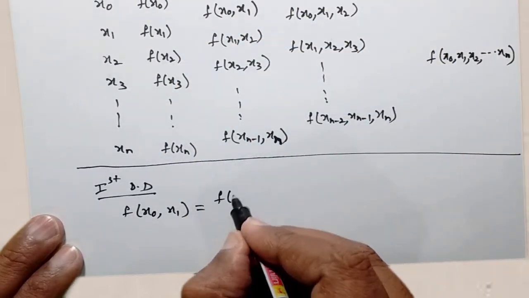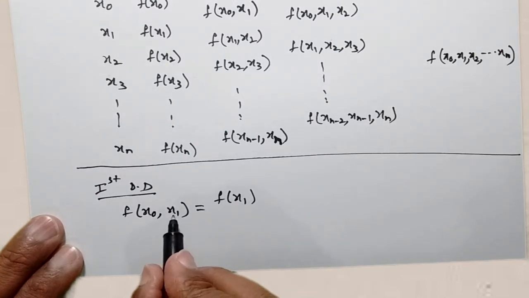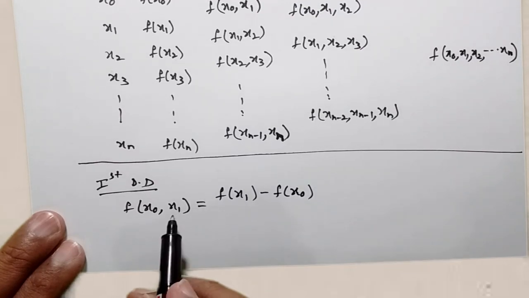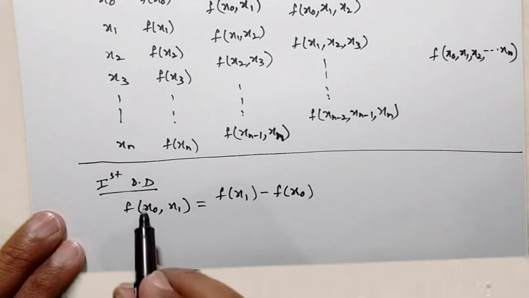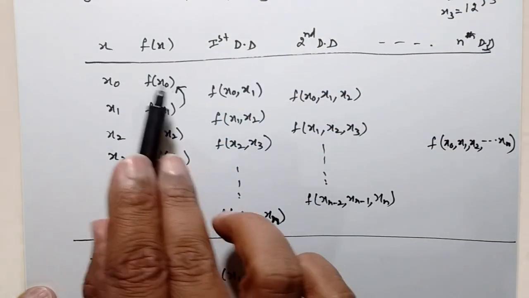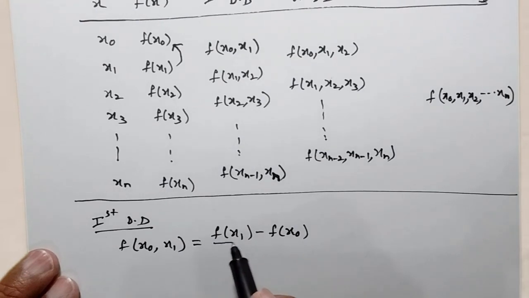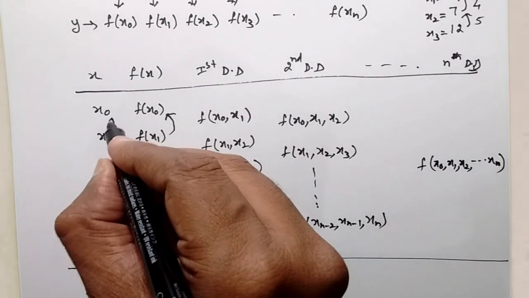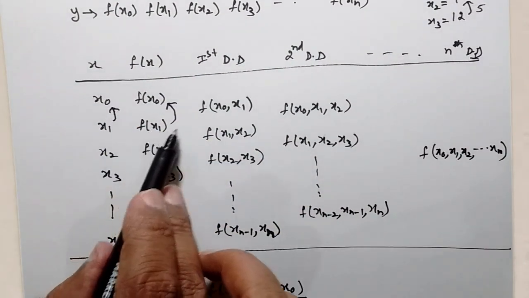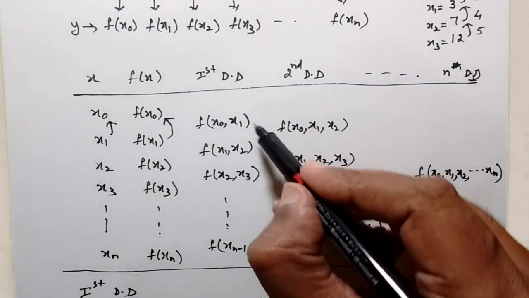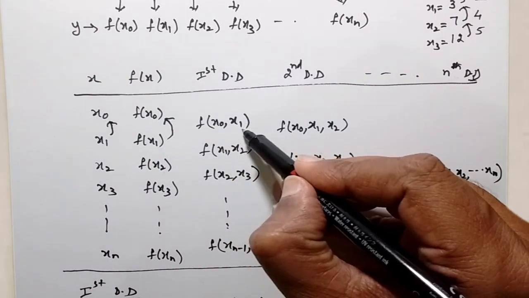It will be the function of the second value minus the function of the first value, that means f of x1 minus f of x0, divided by x1 minus x0. So f of x1 minus f of x0 divided by x1 minus x0. That is the first value we got here, f of x0, x1.